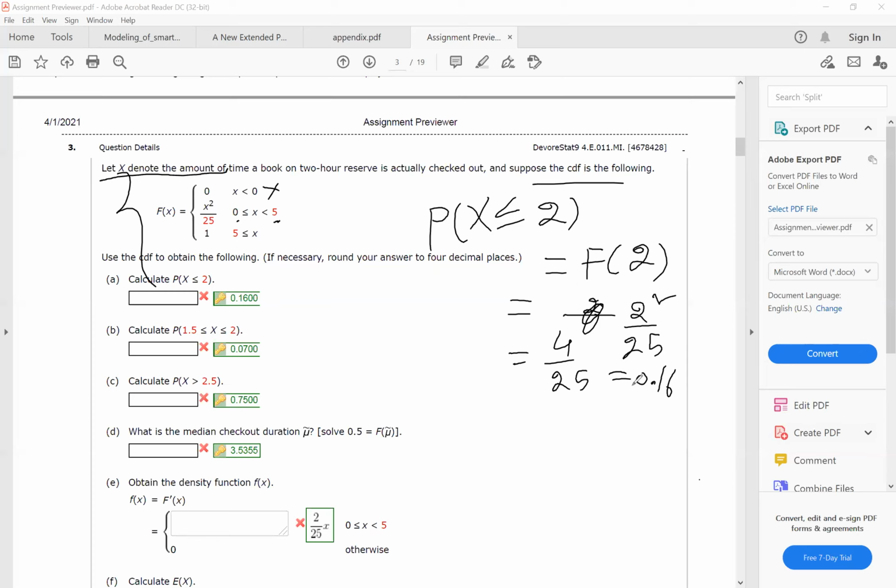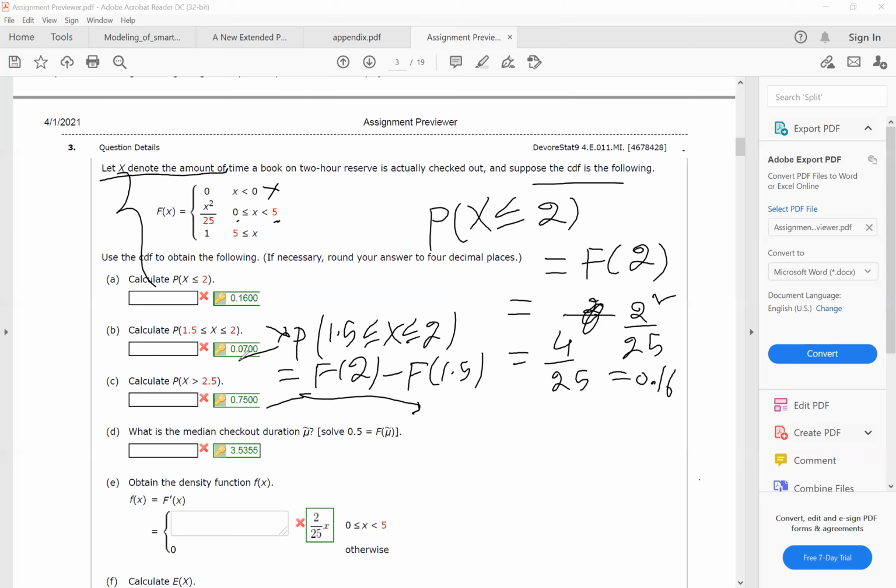The second problem is we have to calculate the probability from 1.5 to 2. So in this problem, we have to find the probability 1.5 less than or equal to x less than or equal to 2. So this is just F of 2 minus F of 1.5. This is part B. Part C is the probability x greater than 2.5.